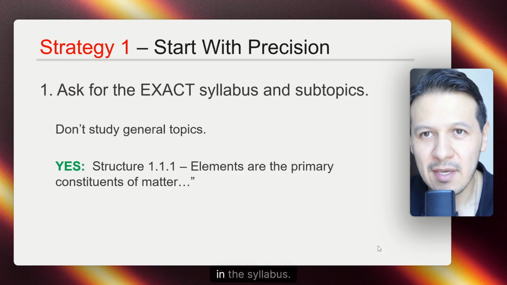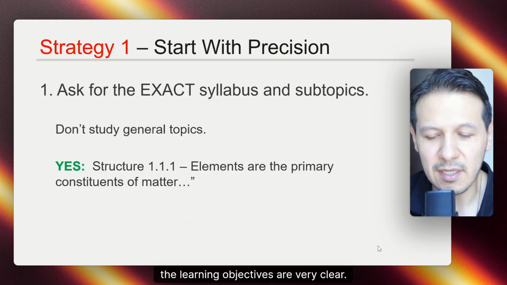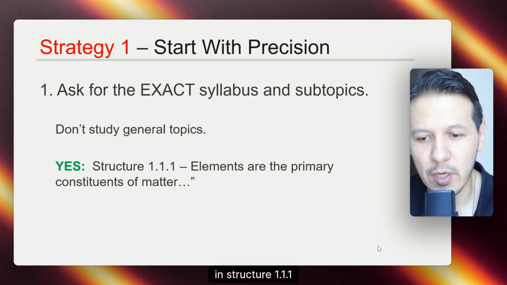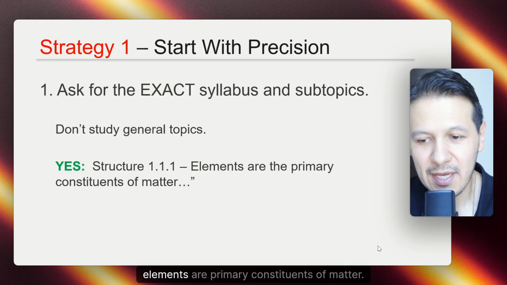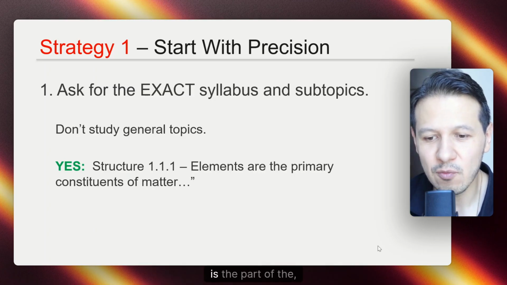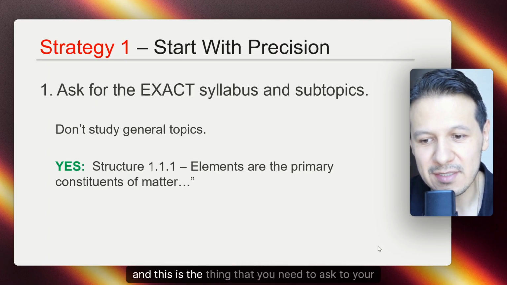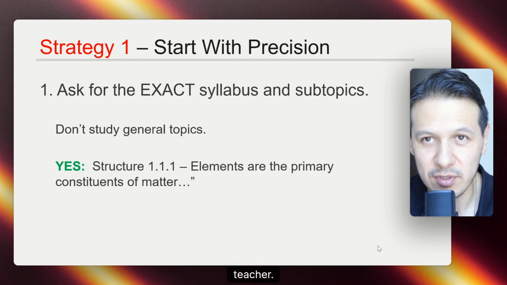In the IB syllabus, the learning objectives are very clear. For example, in Structure 1.1.1, "Elements are the primary constituents of matter." This is part of the title. This is the learning objective, and this is what you need to ask your teacher.